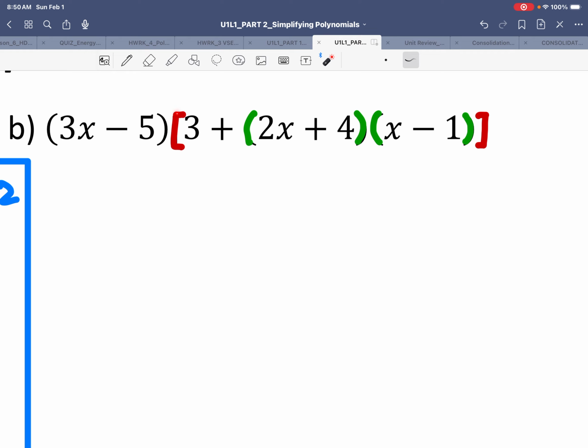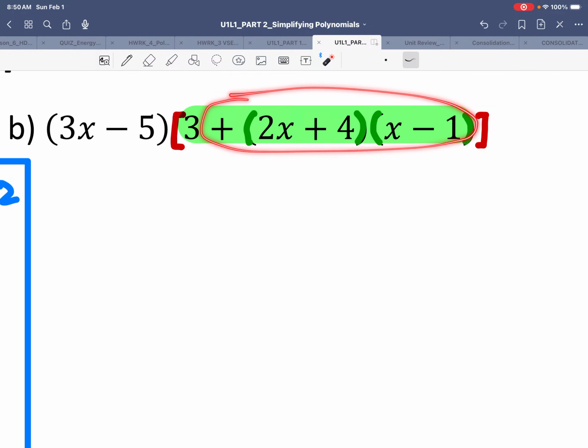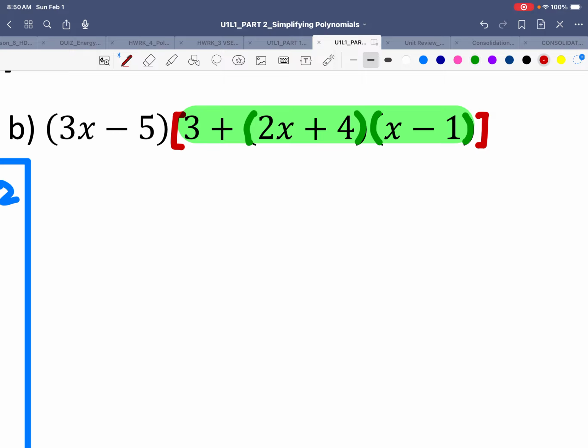So what you have in here inside the square brackets is an expression, which means you need to simplify this first. So this has priority. And then once this is completely simplified, then you can multiply it by 3x minus 5, the binomial. So let's get to work.